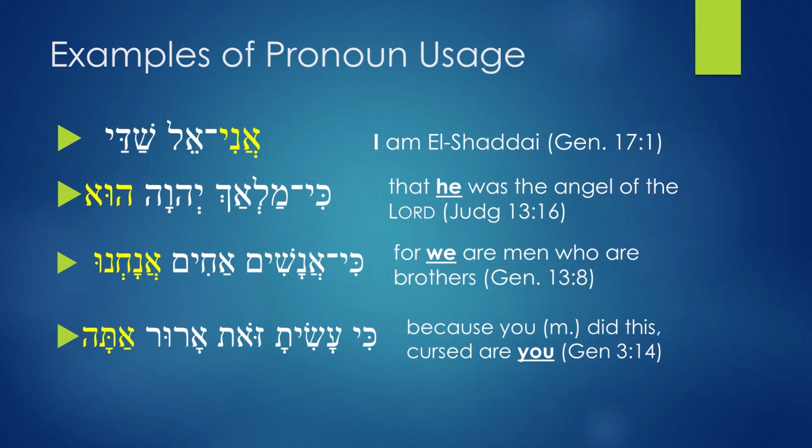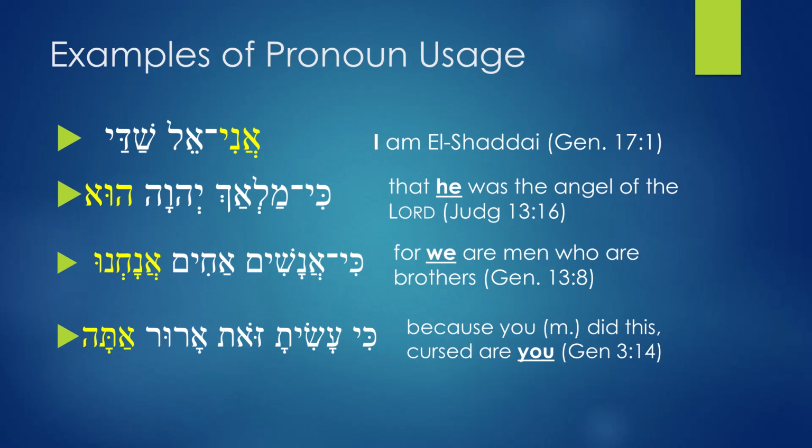Next example is Genesis 13 verse 8. We have this phrase, Ki anashim achim anachnu. Ki means for, it means because, or it means for. Anashim means men. So, for men. Achim comes from the word ach, and ach means brother.